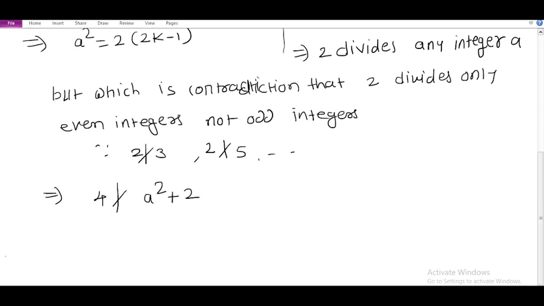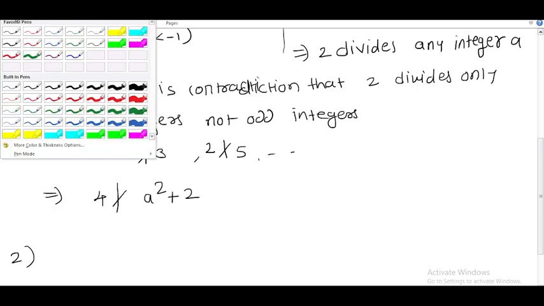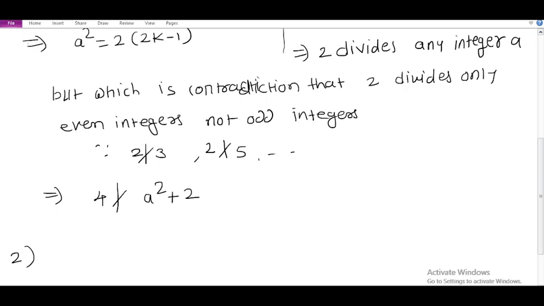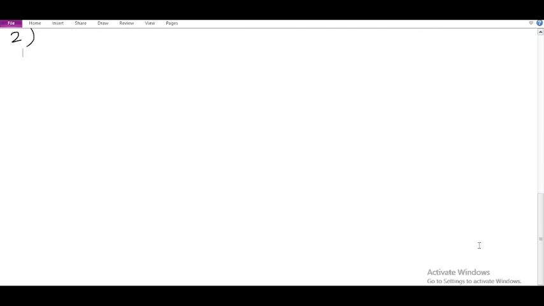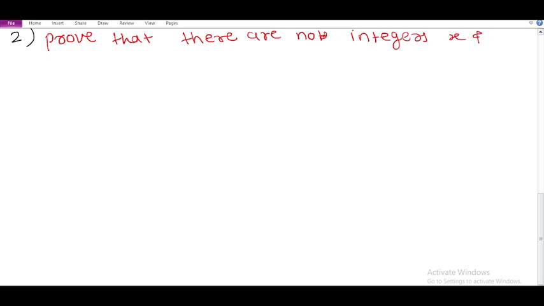Example number 2. Prove that there are no integers x and y such that GCD of x and y equals 3 and x plus y equals 100.